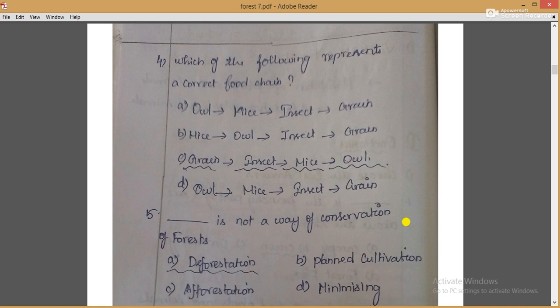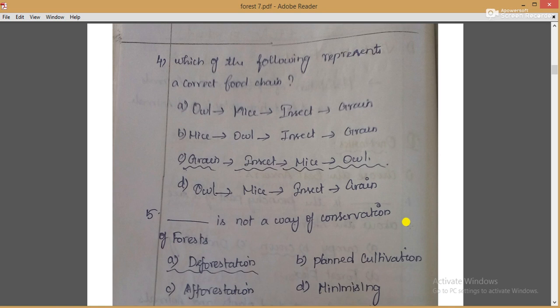Fourth one is: which of the following represents a correct food chain? The first option is owl, mice, insect, grain. Then mice, owl, insect, grain. Then grains, insect, mice, owl. Fourth one is owl, mice, insect and grains.